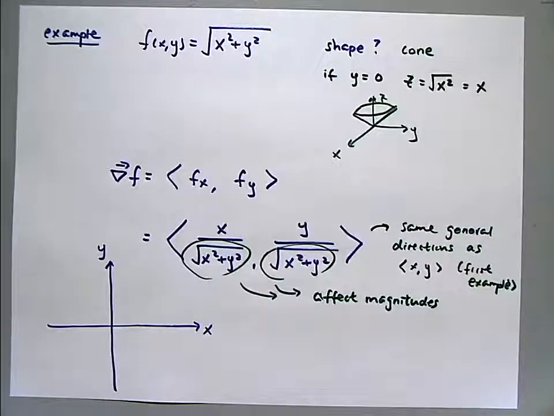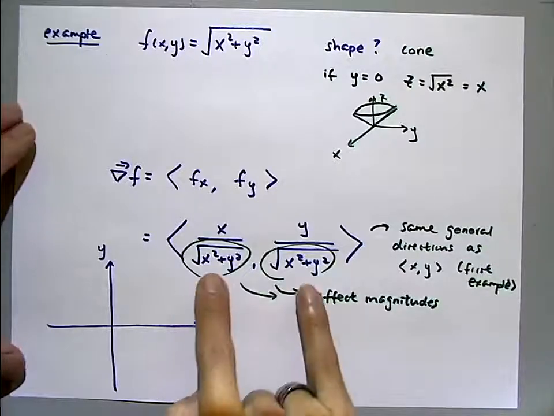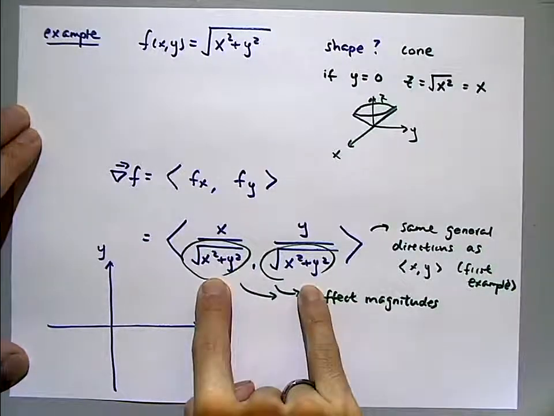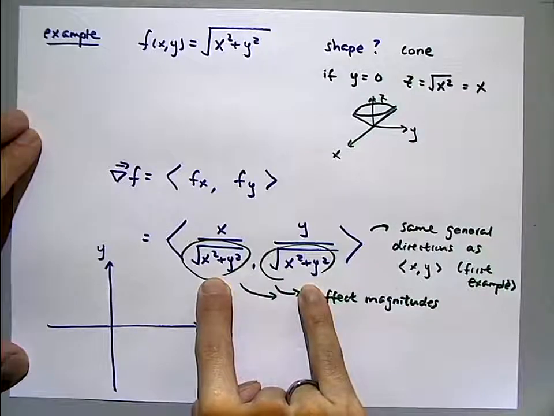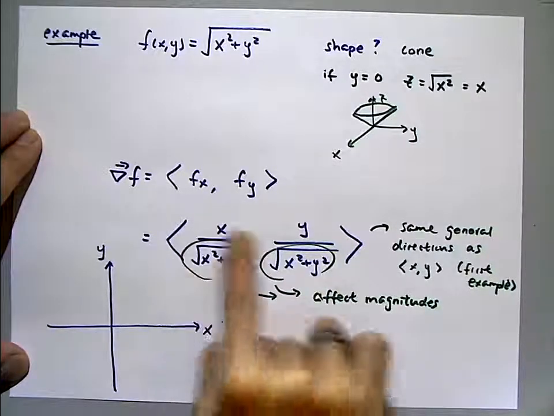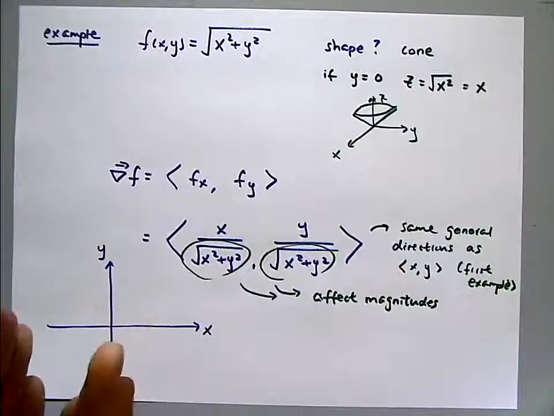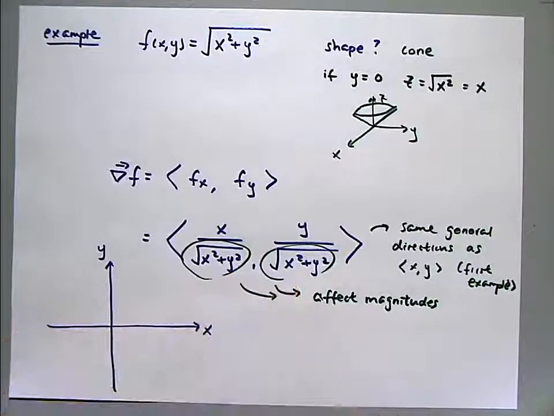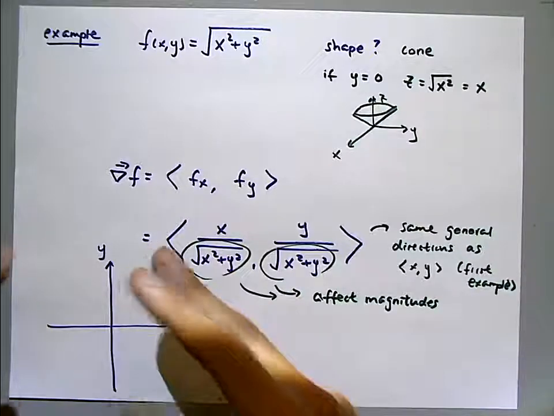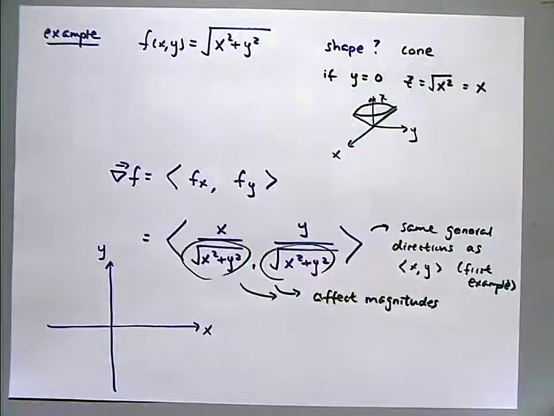So what we can see here is that the farther we move away from the origin, the bigger these things will get downstairs. Right? So the denominator will increase the more we move away. The closer we're to the center, the smaller they are. So that's going to tell us that the magnitude of these vectors is going to slowly decrease as we move away.